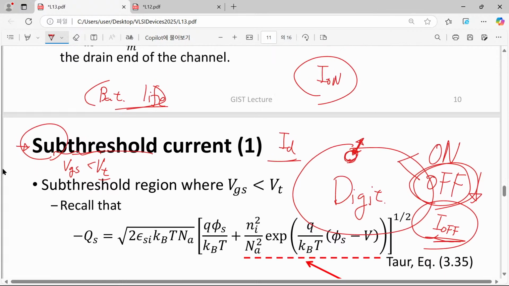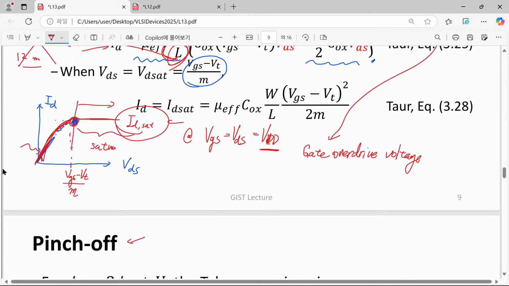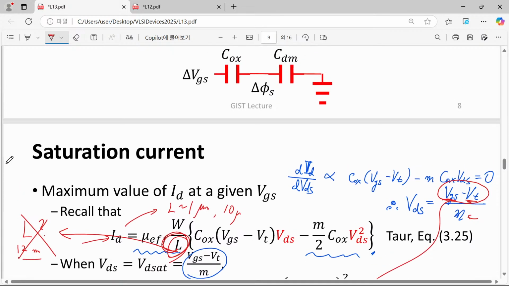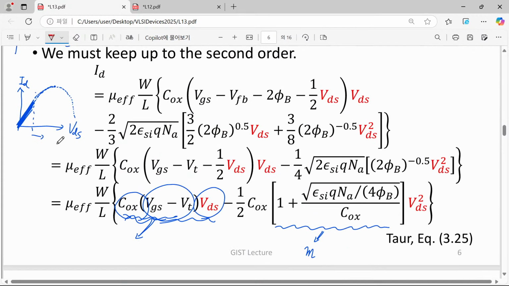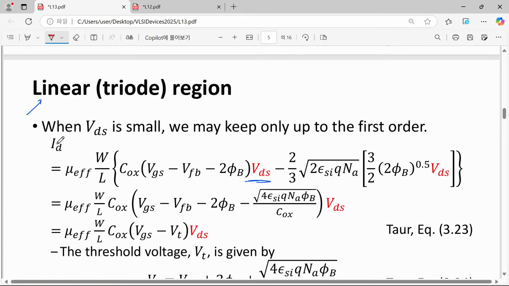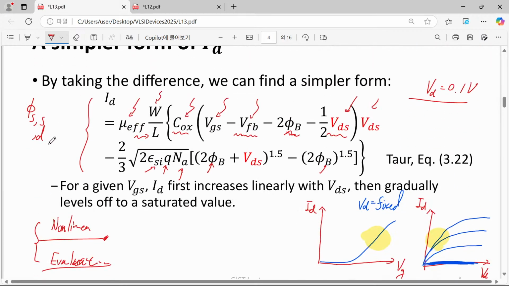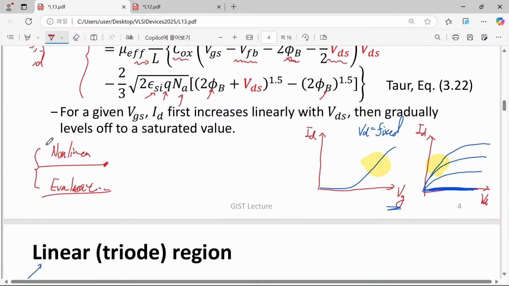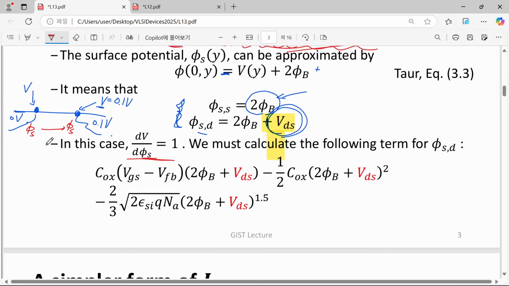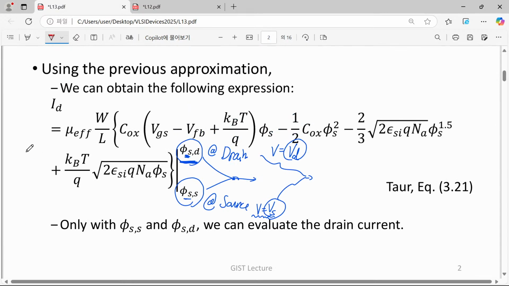And in this case, how can we proceed? For example, can we use the expression shown here? Okay, we can use this expression.